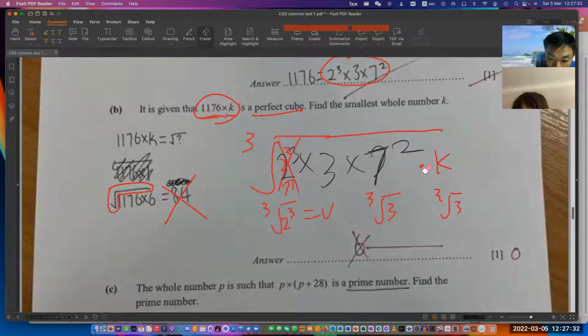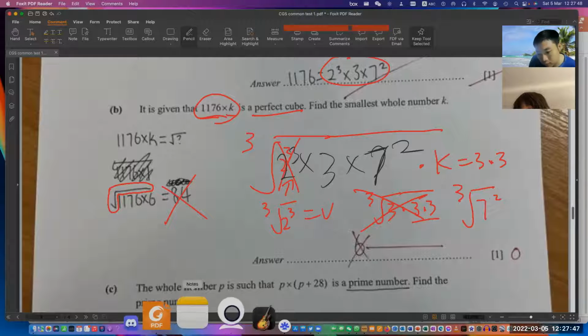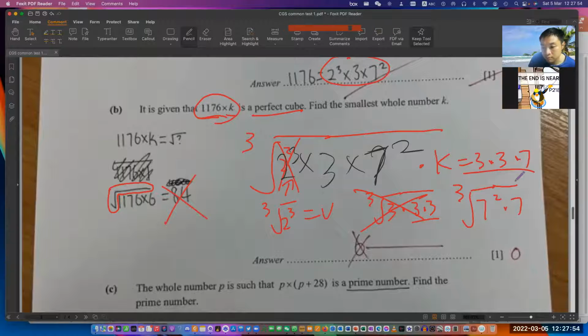Then how? Not add. Give. So your k has 2, 3. Done. What about the 7 square? Give 7. So another 7. So k is 2, 3 times 1, 7.